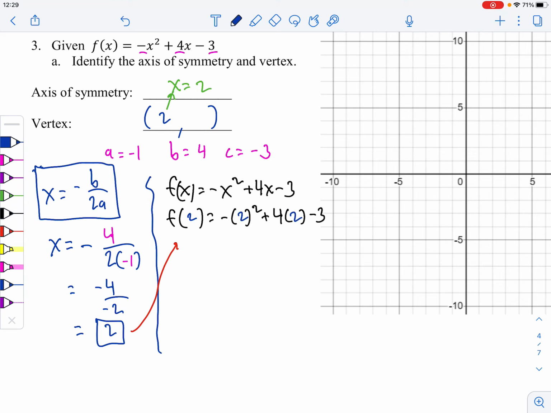So we get 2 squared. 2 squared is 4, and remember to bring down a negative, so negative 4. 4 times 2, 8, minus 3. Left to right. Negative 4 plus 8 is positive 4, minus 3 equals 1. So our y value of the vertex is 1.